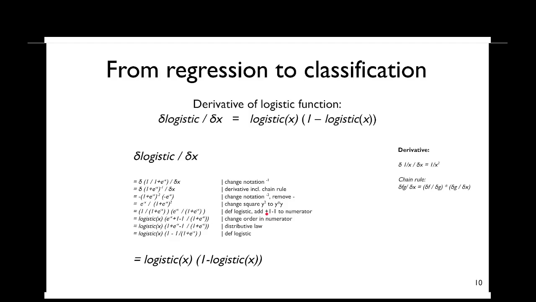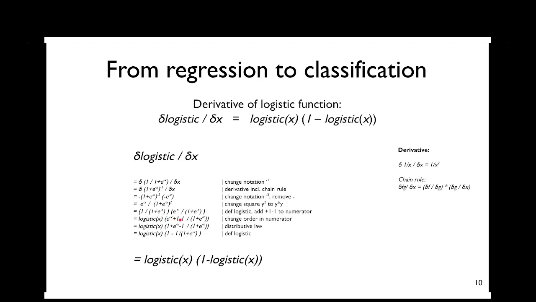We add plus 1 and we take off 1. So plus 1 minus 1 is 0, it cancels out, so we can do that. So e to the power of minus x plus 1 minus 1 stays the same. Now we change the order in this numerator, bringing this 1 to the left of e to the power of minus x.